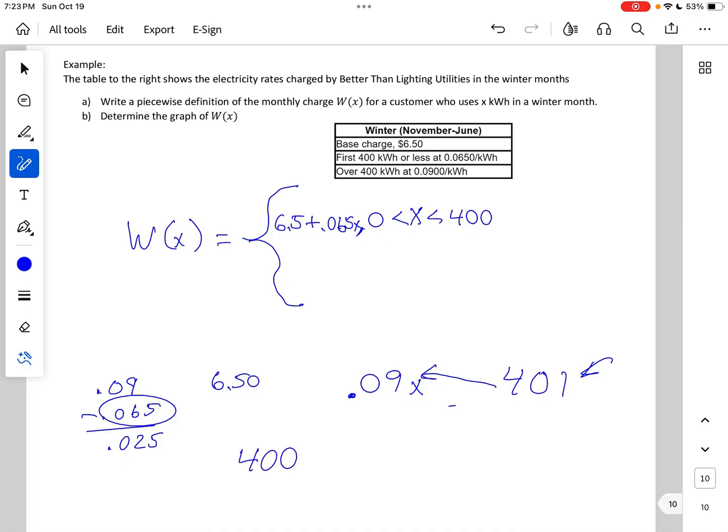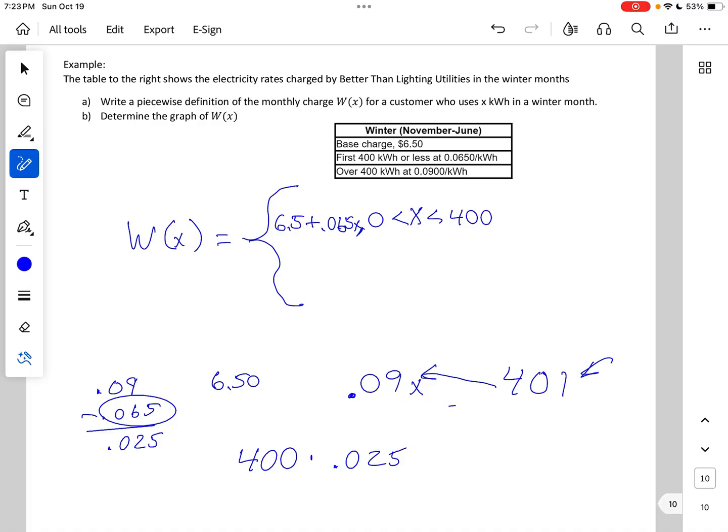So 400 times 0.025, okay, should equal what? 100? Let me get my calculator going here.